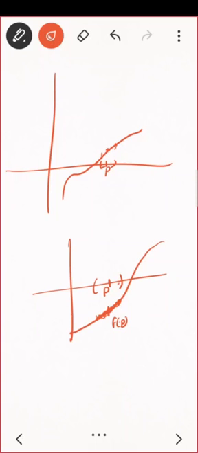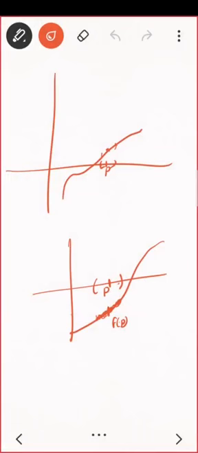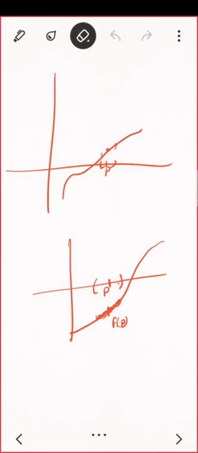Okay. Shall we go to the proof now? So I think graphically it is quite clear to you. Let us go to the proof.